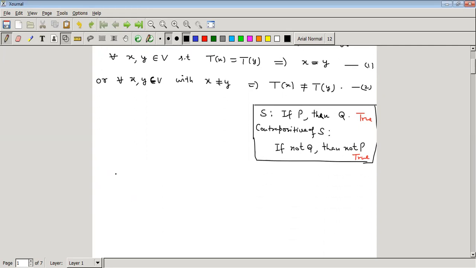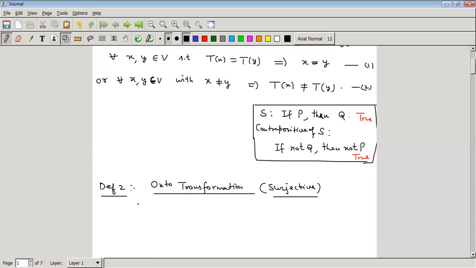So now second is definition number 2, onto transformation, or we call this transformation a surjective transformation.